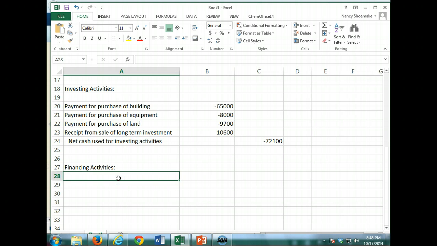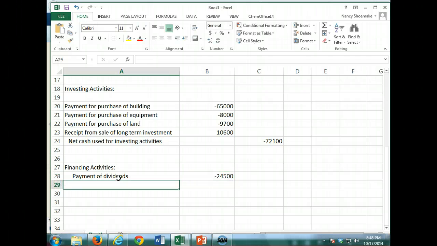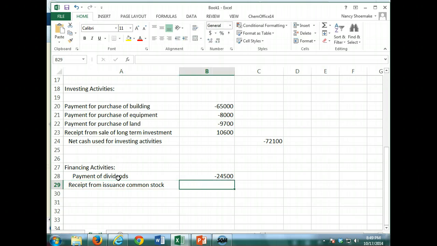Thank you. So we are going to do what with the dividend? Does cash increase or decrease when we paid out that dividend? Decrease of dividends, minus 24.5. Then the receipt from issuance of common stock. What happens? Does our money go up or down? Up. 12.3.